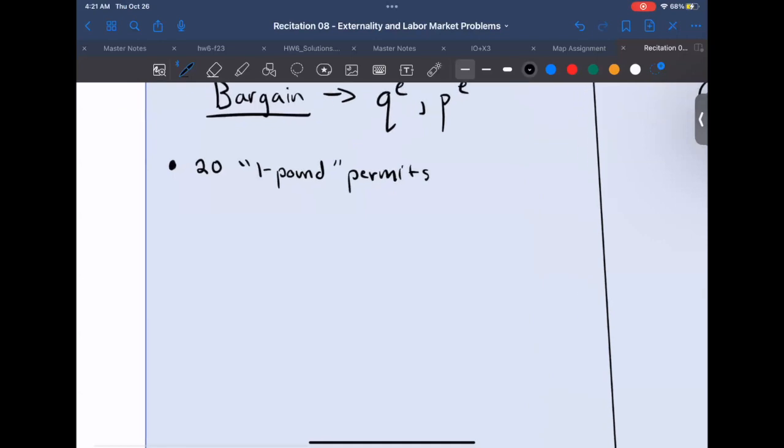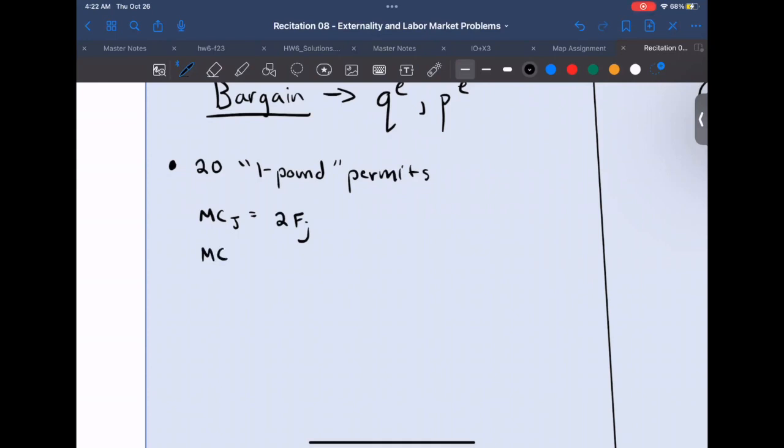So, as we've established before, it's more efficient for Jerry to catch more fish than Ben because he has lower costs. So the marginal cost of Jerry is going to be 2FJ.